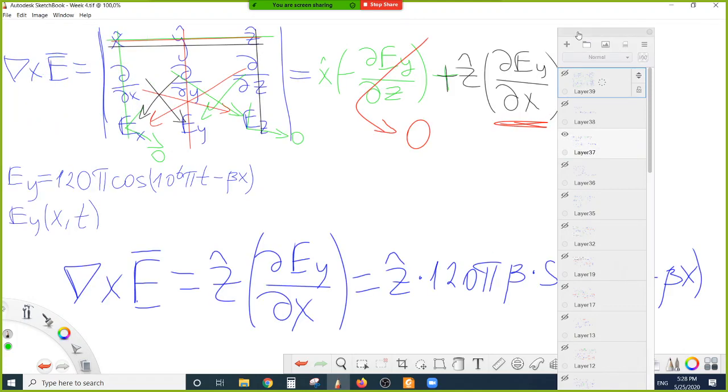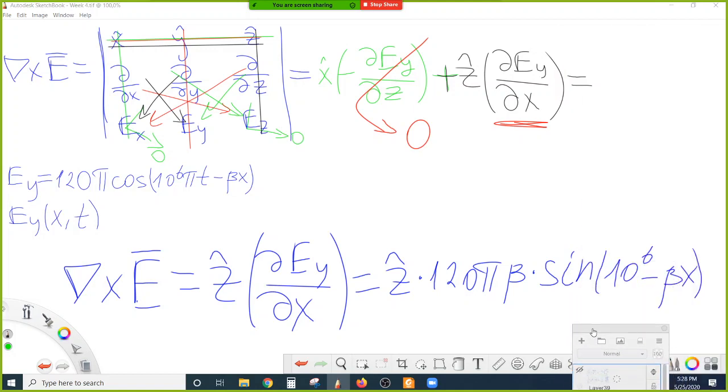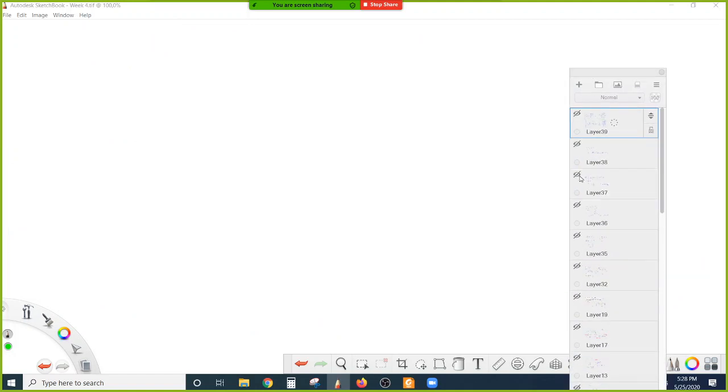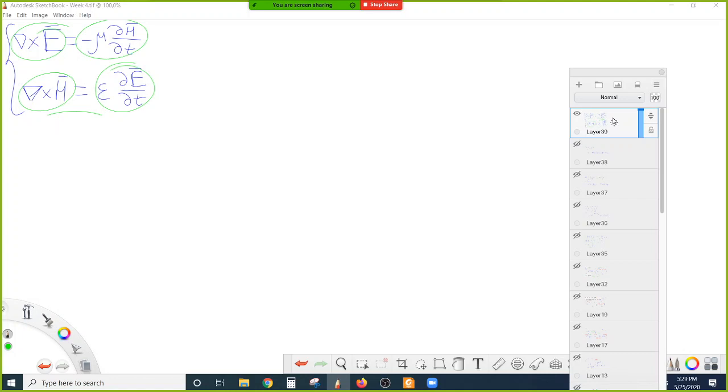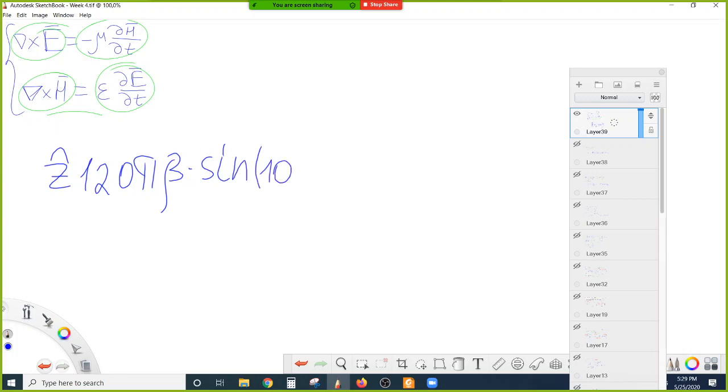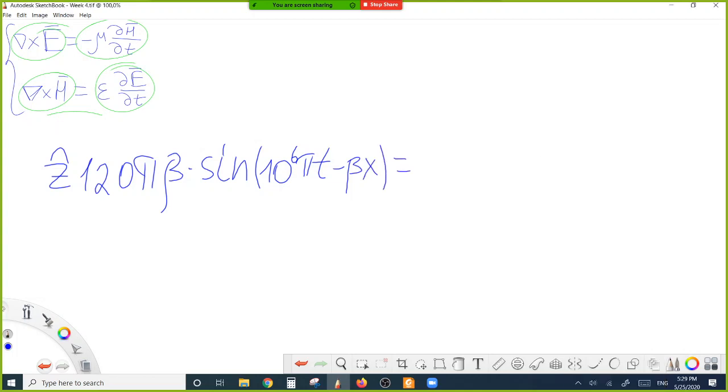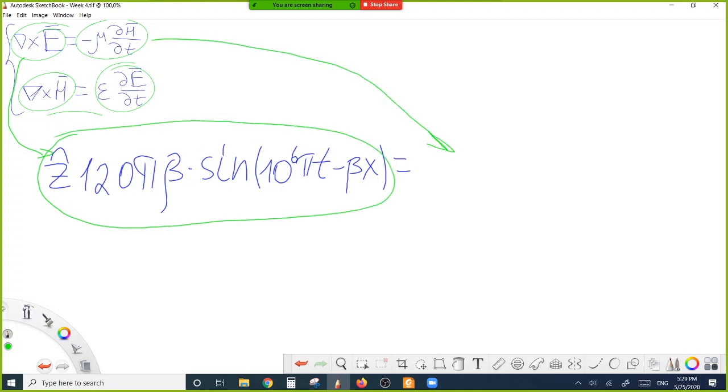Yep, the rotor of E is equal to z 120 p beta multiplied by sine 10 to the power 6 pt minus beta x, equals, so look, this is the rotor of E, and we need to put this value here, minus mu dH/dt.